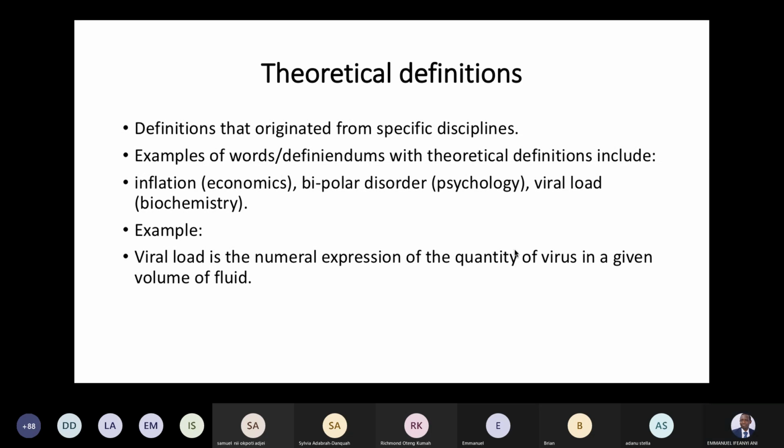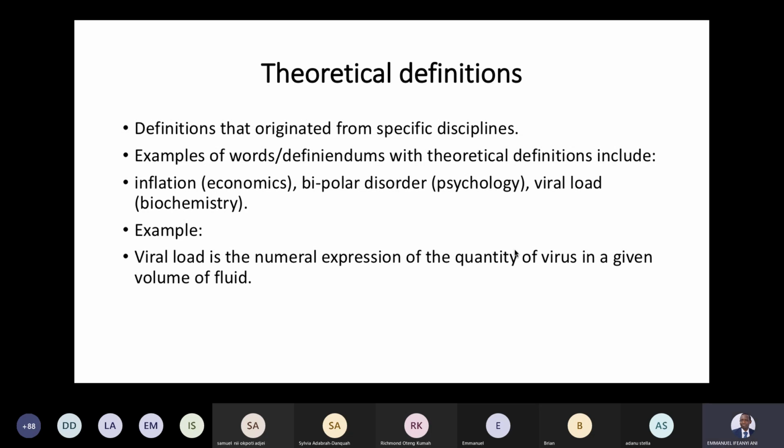And so it is to that field that we owe the definition of inflation. Then also we know that bipolar disorder originated from psychology. So we owe psychology the definition of bipolar disorder. We know that viral load originated from biochemistry. We owe biochemistry the definition of that word or phrase.